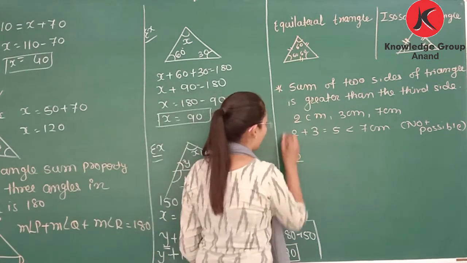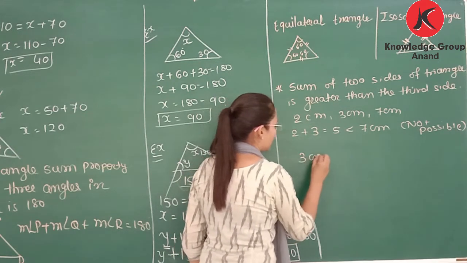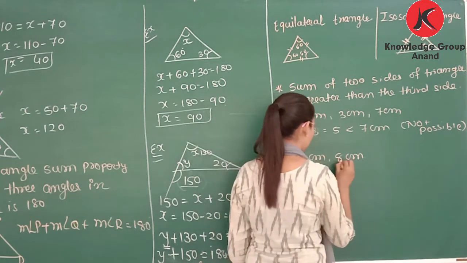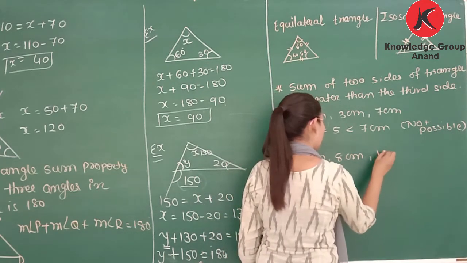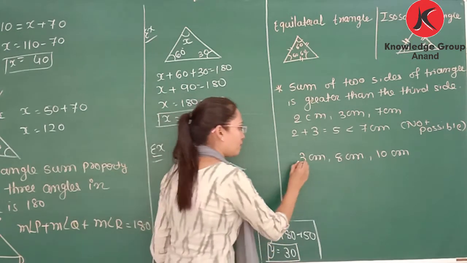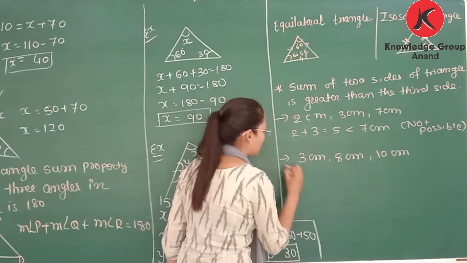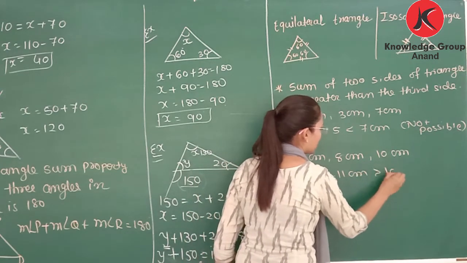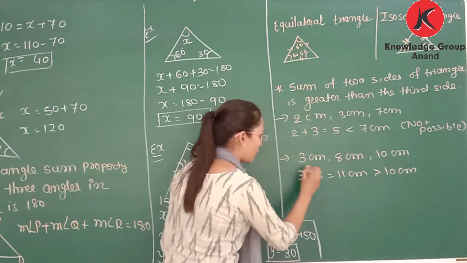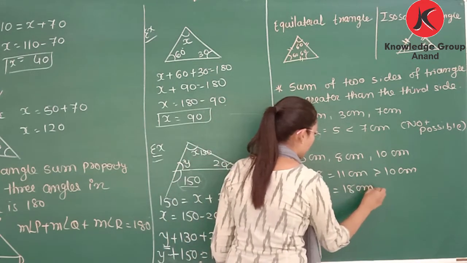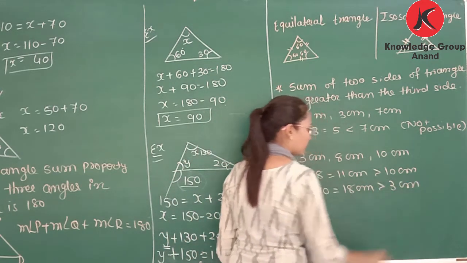Let's take one more example: 3 cm, 8 cm, 10 cm. Now again we will add. 3 plus 8 is 11, greater than 10 cm. Now 8 plus 10 is 18 cm, that is greater than the third side.